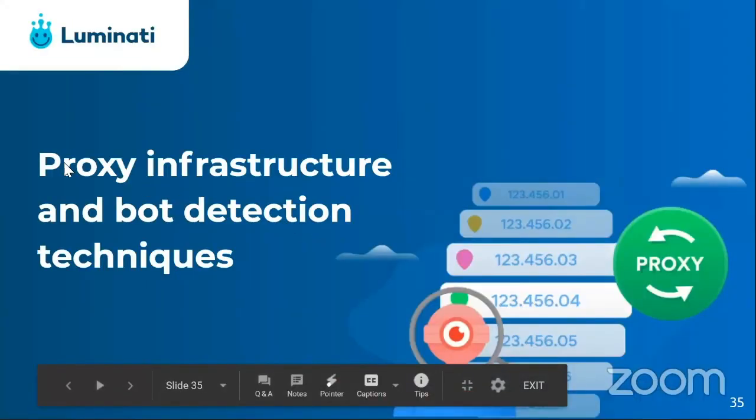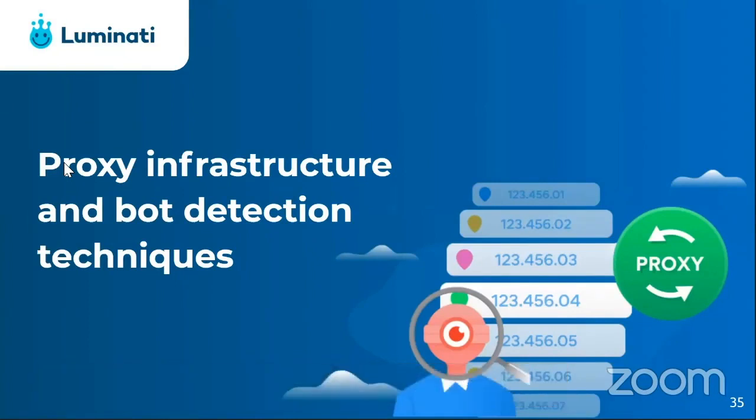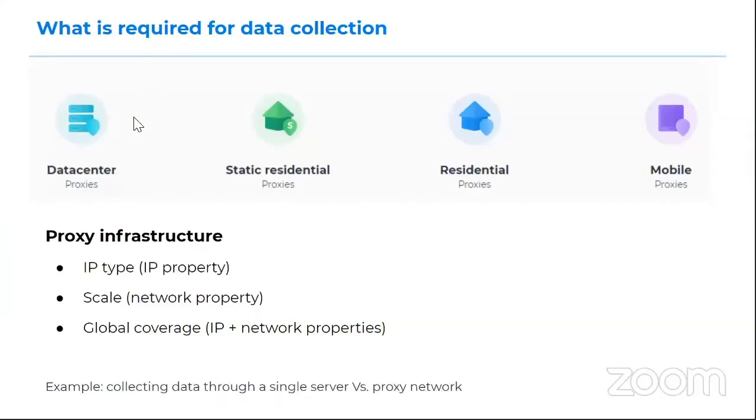Okay, so let's dig a bit into the proxy infrastructure: how does it work, why does it matter, and so on. I'll start by saying that there are different types of IPs, and traditionally, to make it very simple, there are two main types.